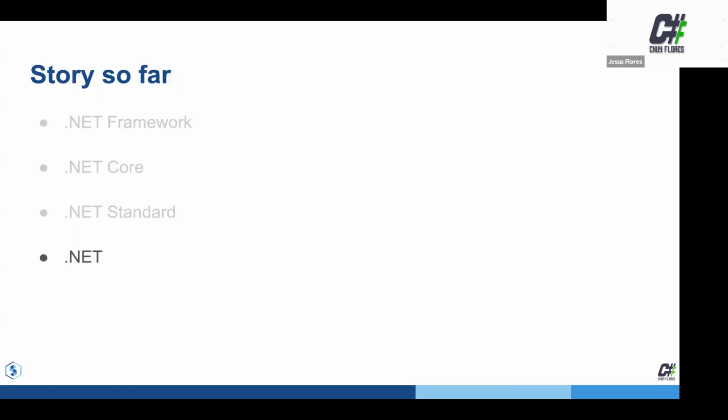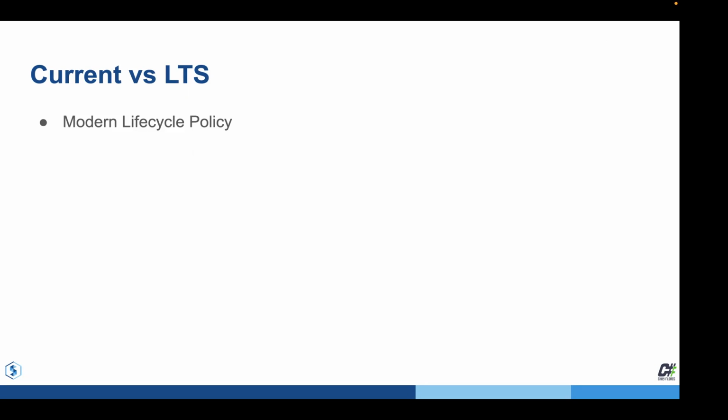So we have .NET 5, .NET 6, and we're going to talk about this current versus LTS. Every Microsoft product right now has what they call the Microsoft Modern Lifecycle Policy. The lifecycle starts when the product is released and ends when there is no more support for it. Support means that you get support, and they also release some minor updates.